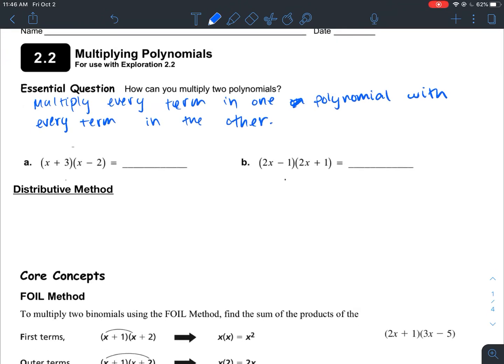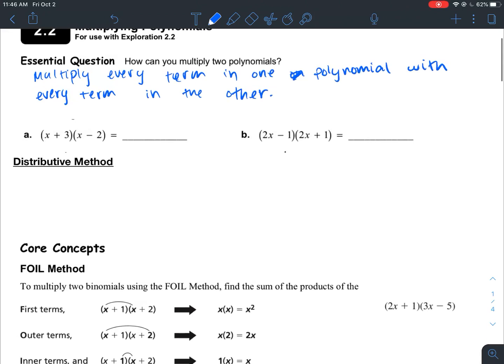So for a right here, we have x plus 3 and x minus 2. So two binomials, right? This is going to be called the distribution method. The distribution method says to take this first term right here, x, and multiply it with the x minus 2, so you're multiplying it with the entire binomial, or the other polynomial.